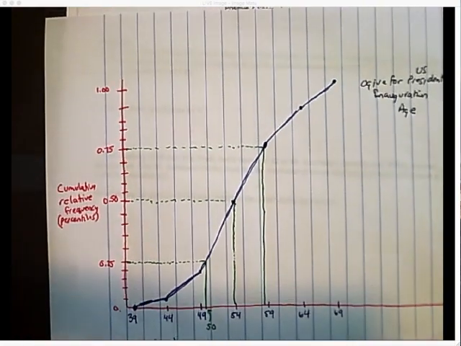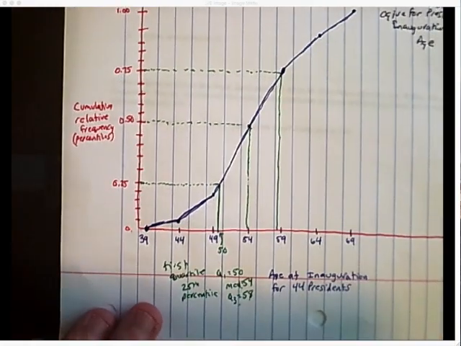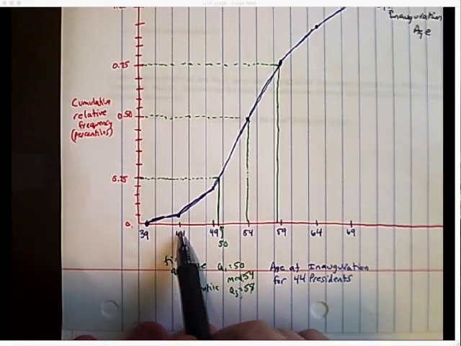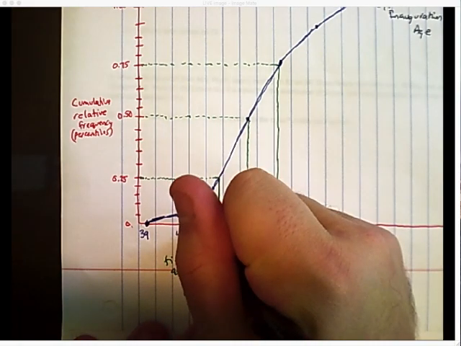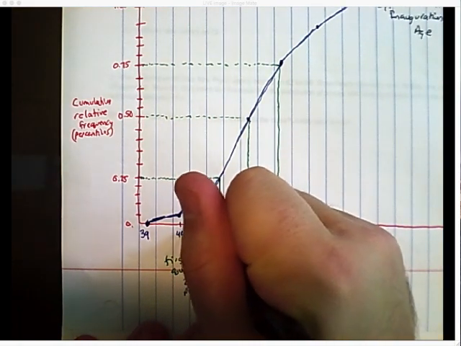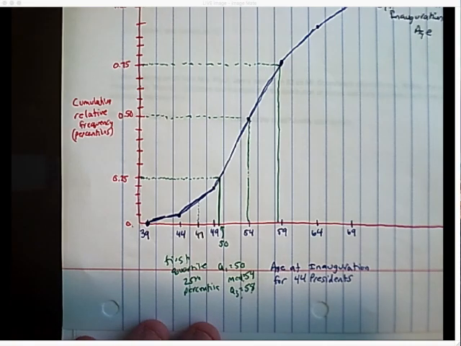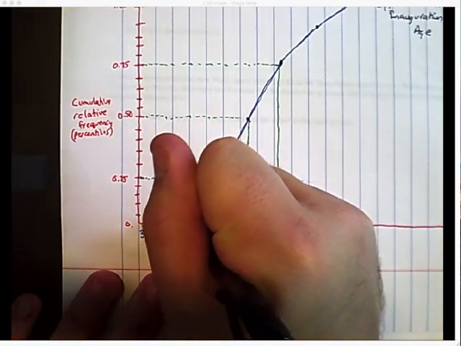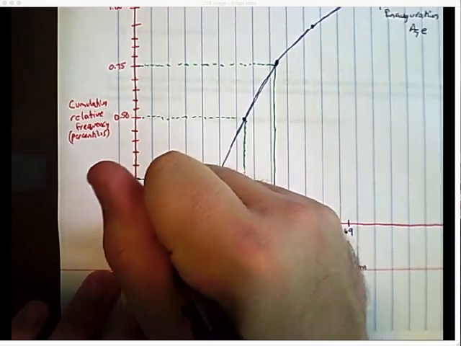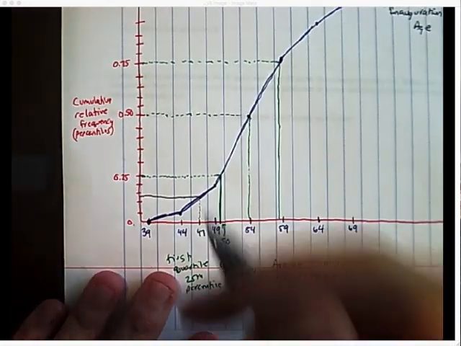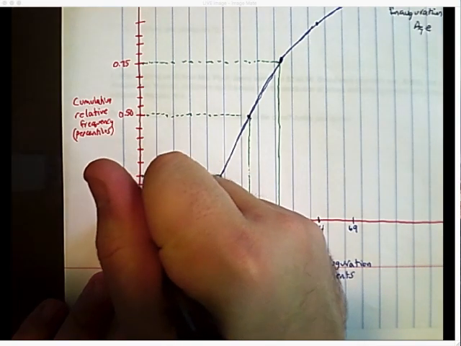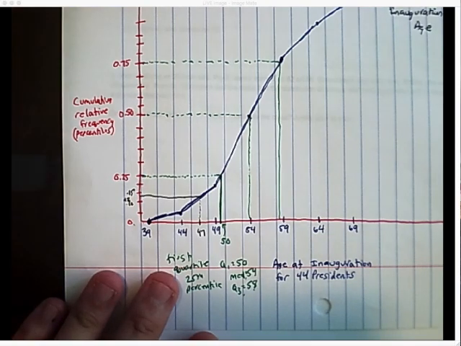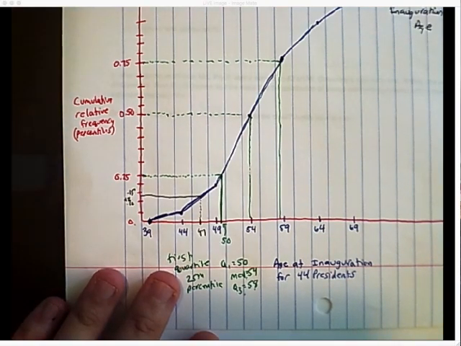He was 47. Where would 47 fit into this graph? Well, if this is 44 and this is 49, 47 would fit right in between there. If we take that up to the graph where it hits the ogive and take it across, to me it looks like it hits somewhere between 0.10 and 0.15. So maybe about 12%. 12% is an estimate.